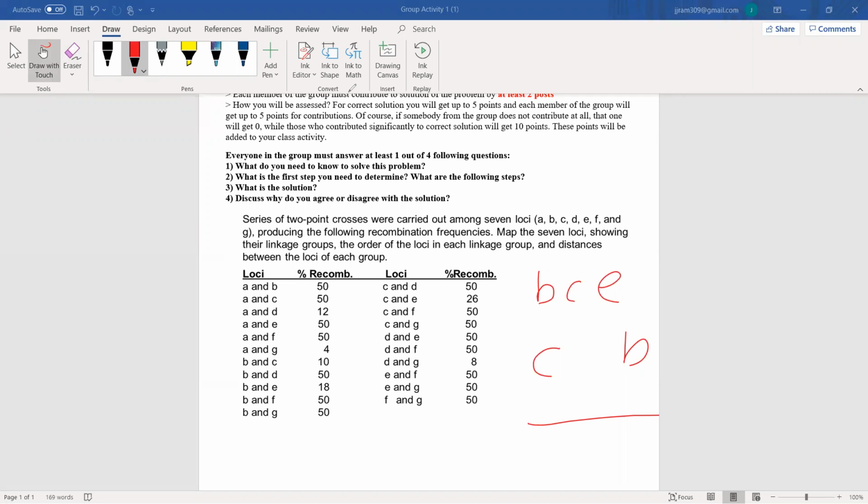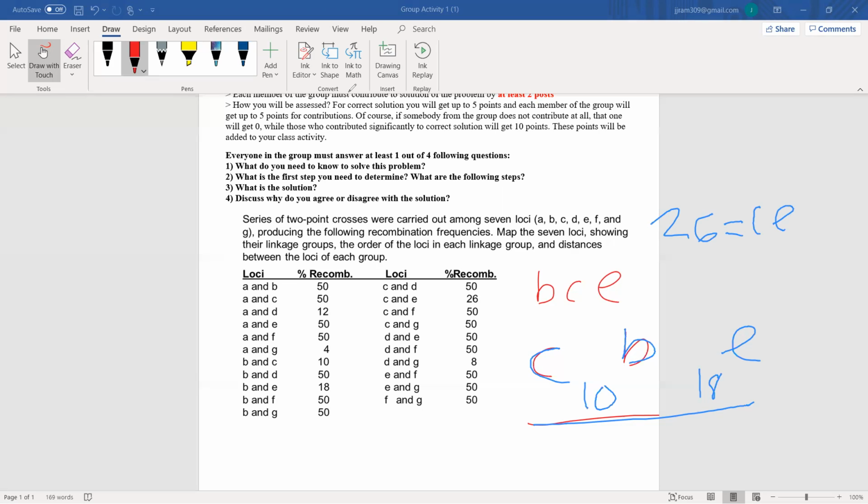So C is first, B is second, E is third. B to C was 10, and B to E is 18. The total is 26 from C to E. So that is the solution: the ordered group is C to B to E. The distance between C and B is 10, between B and E is 18, and the total distance is 26.